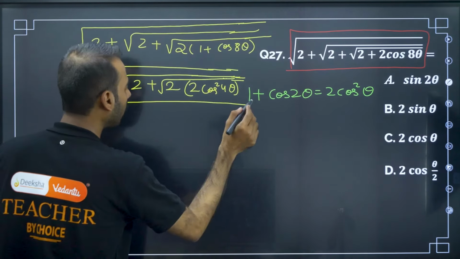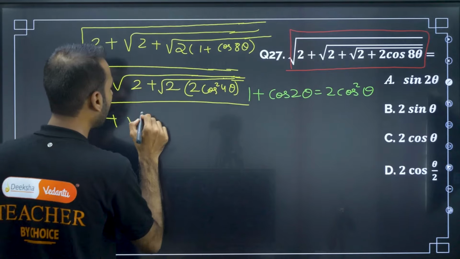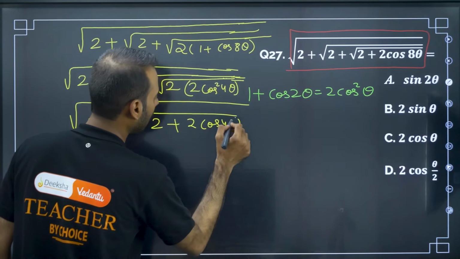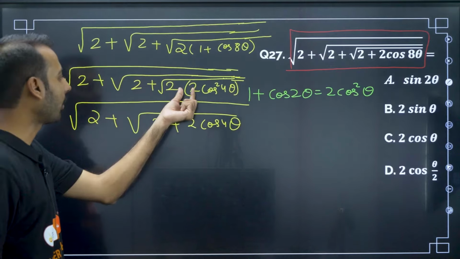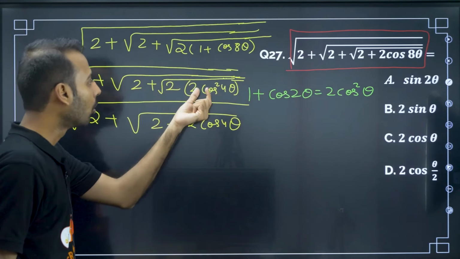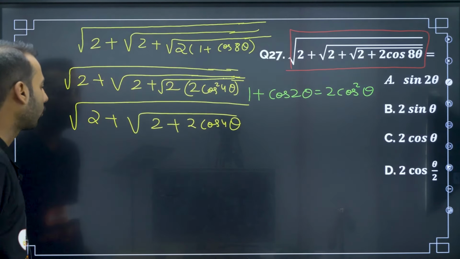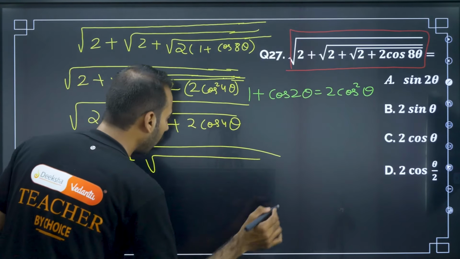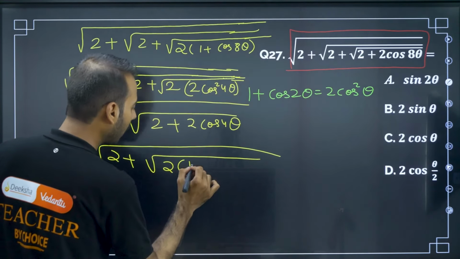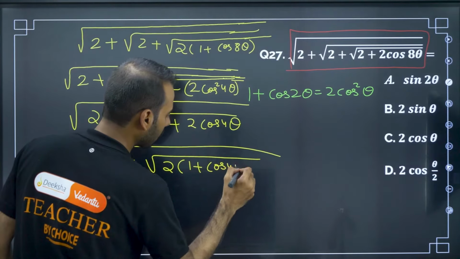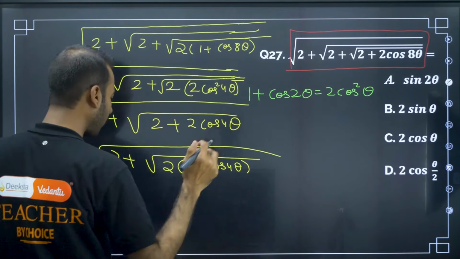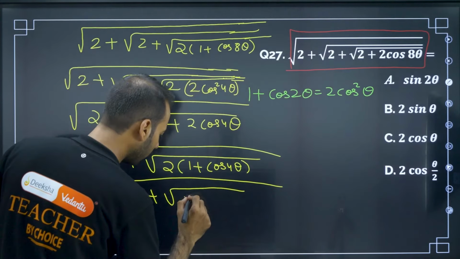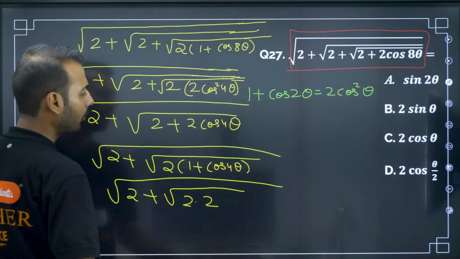Next, under root of 2 plus 2 cos 4 theta. See here, this 2 2s are 4. If I bring it out of root, it becomes 2 cos 4 theta, and the root gets composed. Next, 2 plus under root of 2, if I take common, 1 plus cos 4 theta. Again, I will use this formula, under root of 2 plus under root of 2 cos 4 theta.